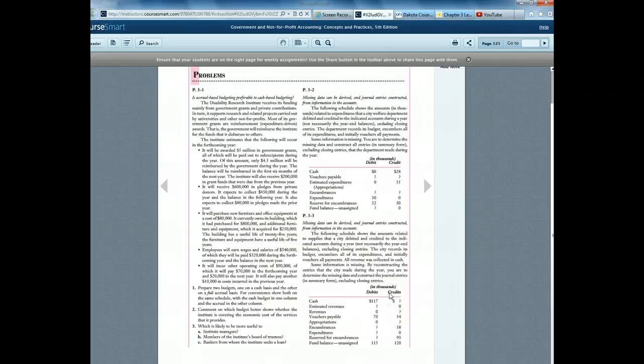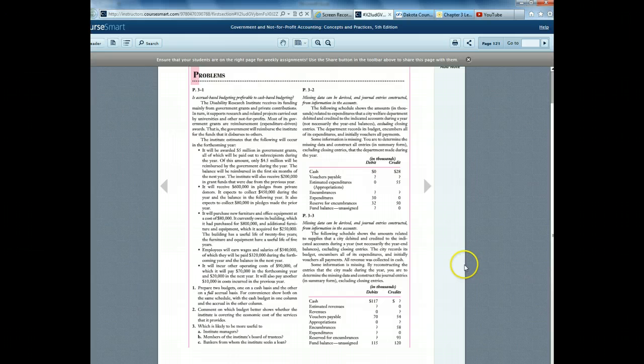The city records its budget, encumbers all of its expenditures, and initially vouchers all payments. All revenue was collected in cash. Some information is missing. By reconstructing the entries that the city made during the year, you're going to determine the missing data and construct the journal entries in summary form, excluding closing entries.